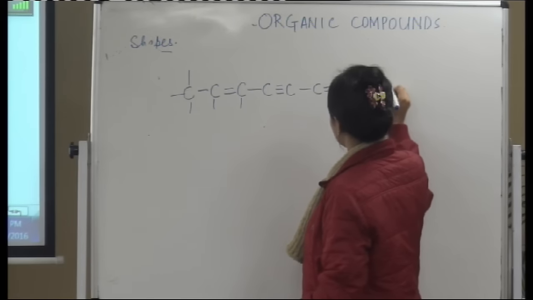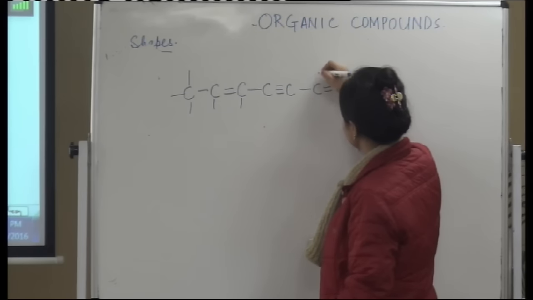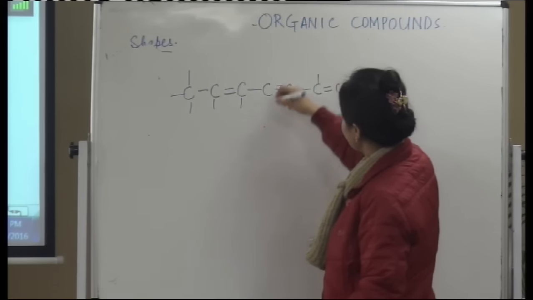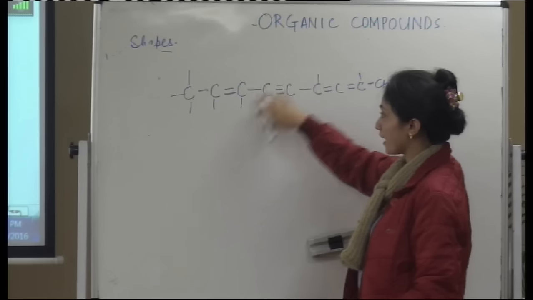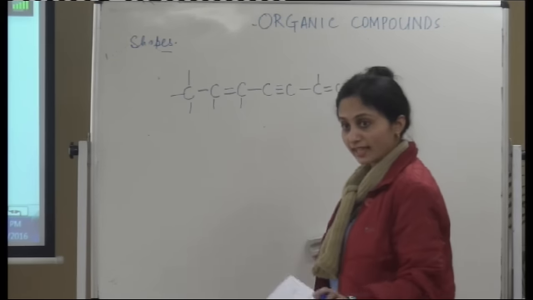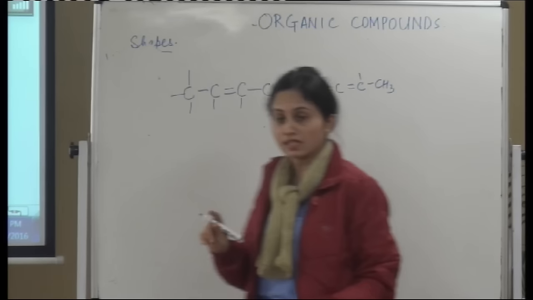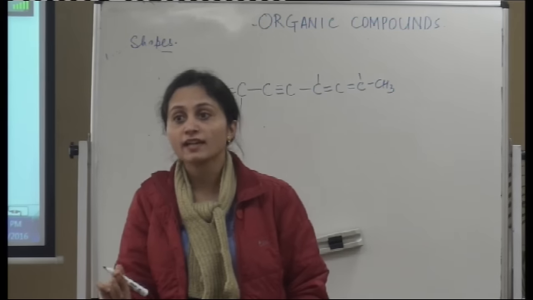Alright, CH3, let me just end it up. So these are signifying the hydrogen atoms to complete the valency. Now you start telling me the hybridization again. I repeat, whenever your carbon is surrounded by 4 single bonds, it will always be sp3.